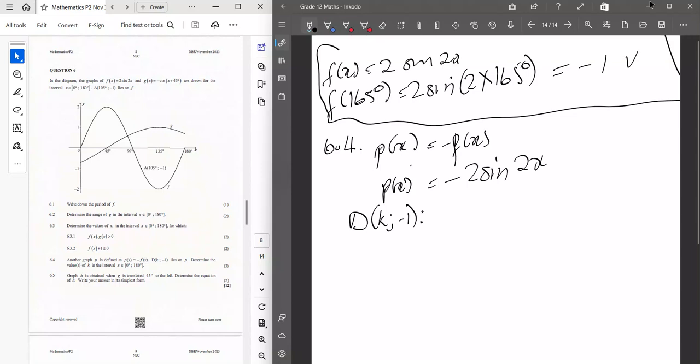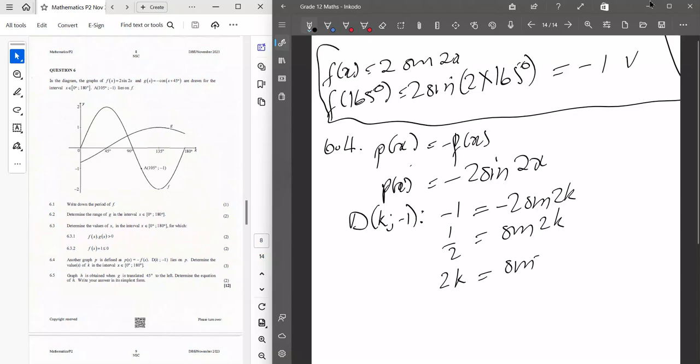What do we find now? We say, okay, moving on. Where there's P of x or where there's y, we put -1, where there's x, we put k. So this is -2 sine 2k. Now, what is this? Half equals sine 2k. What does it mean? It means now 2k equals 30 degrees.